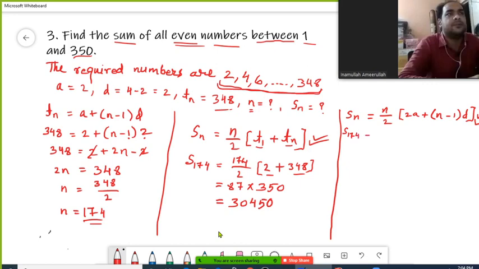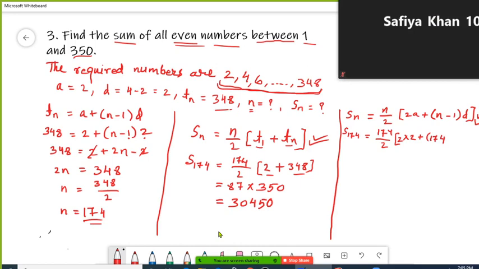So here I can take S174, 174 by 2 into bracket 2a plus 174 minus 1 into d. D is the common difference, that is 2, like this.